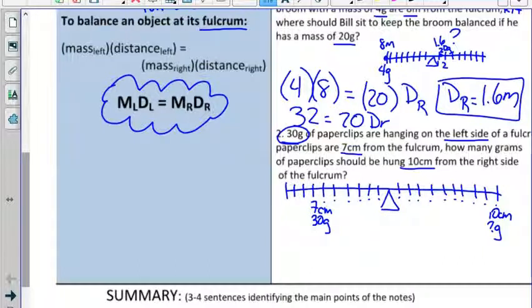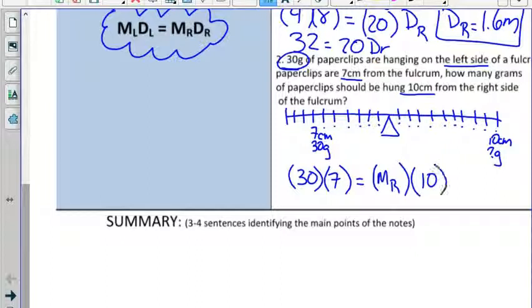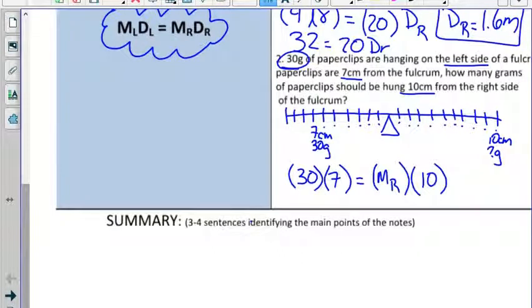Well, let's plug this into our equation. We have mass on the left of 30, distance on the left is 7. The mass on the right, we don't know. And the distance on the right is 10. Okay, so let's do the math.